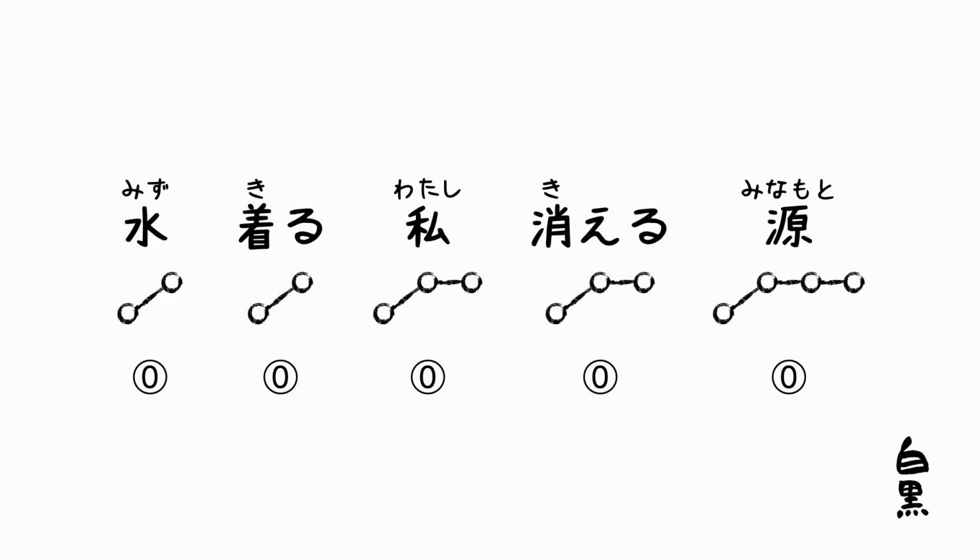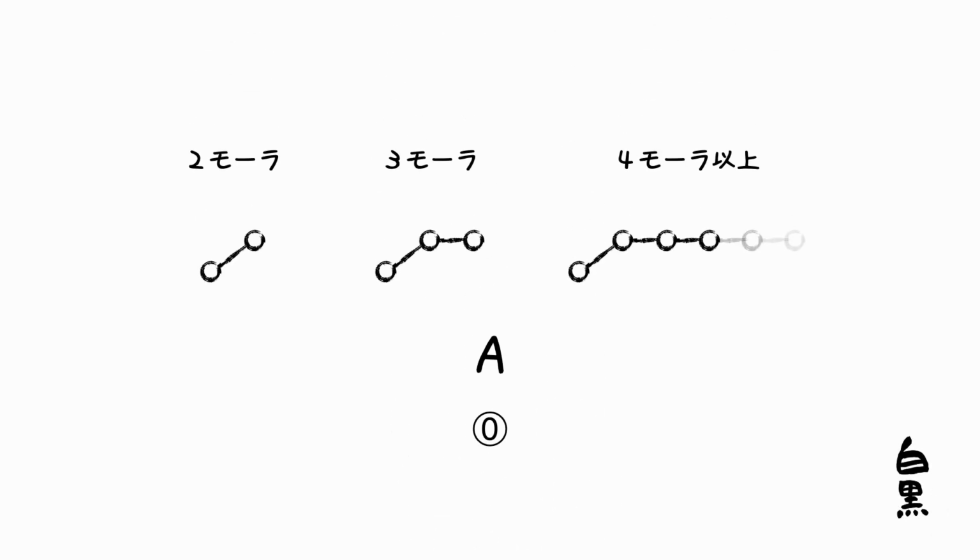Of course, there are many more pattern A words in Japanese. Pattern A actually has an official name in Japanese, which is heibangata. But it can sometimes be misleading, as it literally means flat, while it's apparently not completely flat.